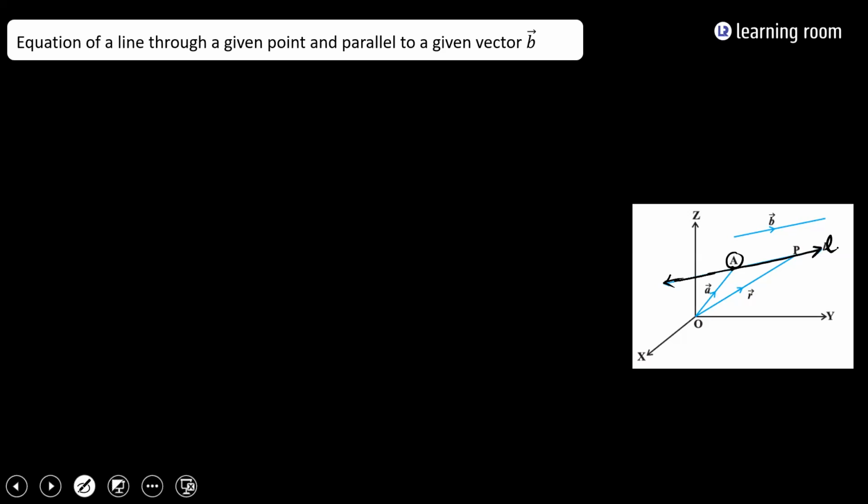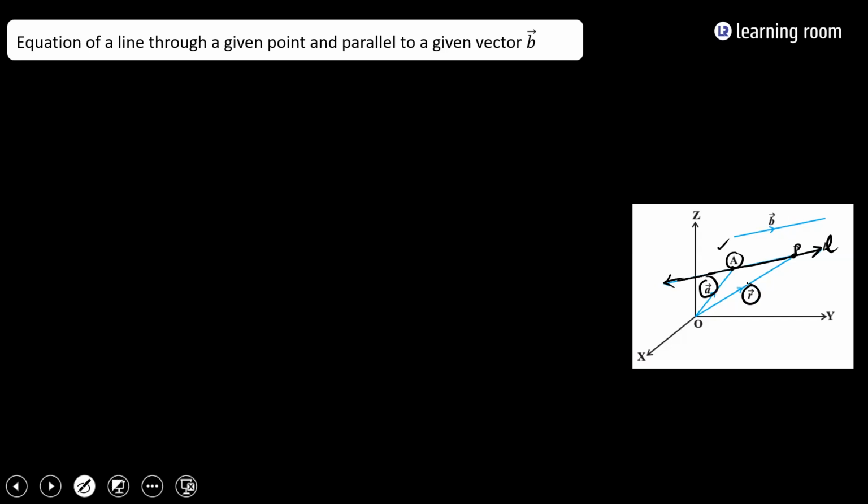So what I am going to do is, on the line L, I will consider a point P, which is a general point, right? So that I am able to define the position vectors of the two points that are lying on the line, that is A and P, as vector a and vector r.